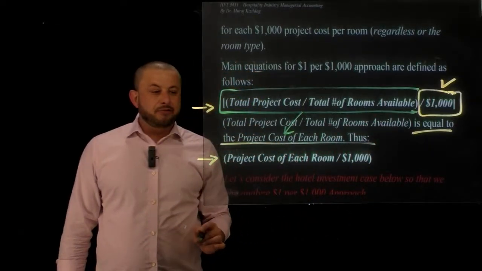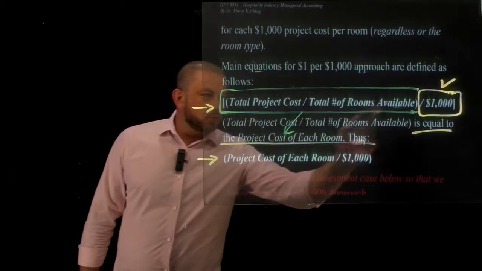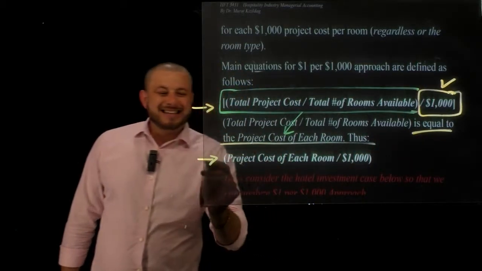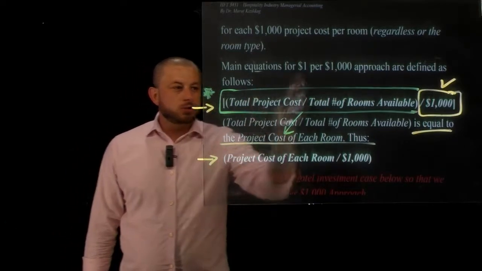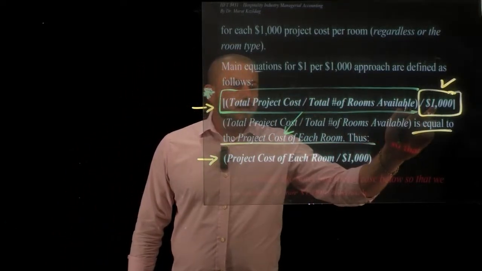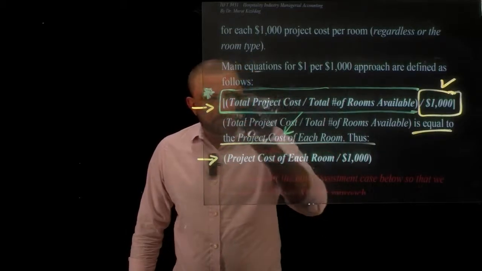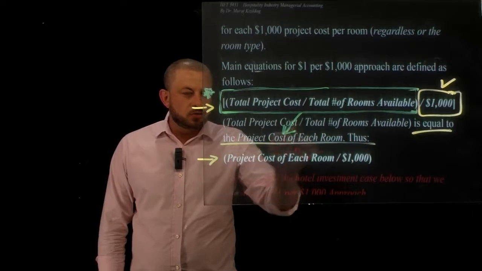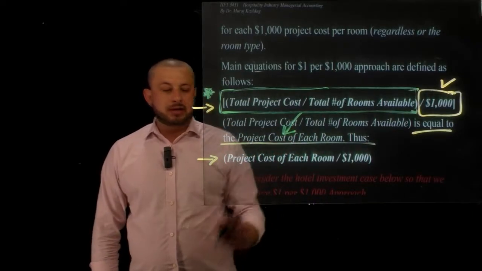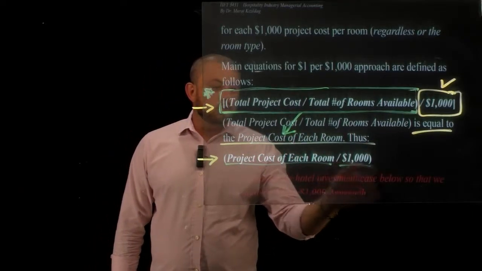Therefore, project cost of each room over $1,000 is another expression of this main equation. Total project cost over total number of rooms available over 1,000, and this green portion I highlighted is the project cost of each room. Therefore, I can rewrite this equation as project cost of each room over $1,000.